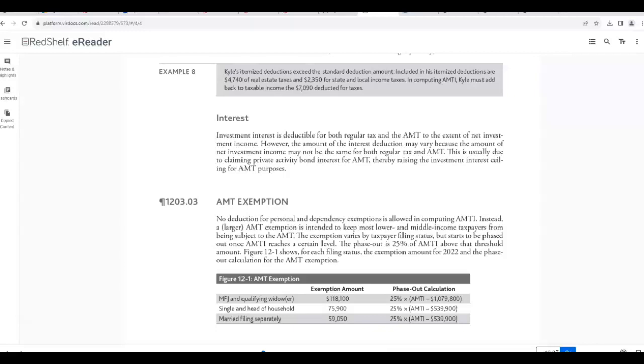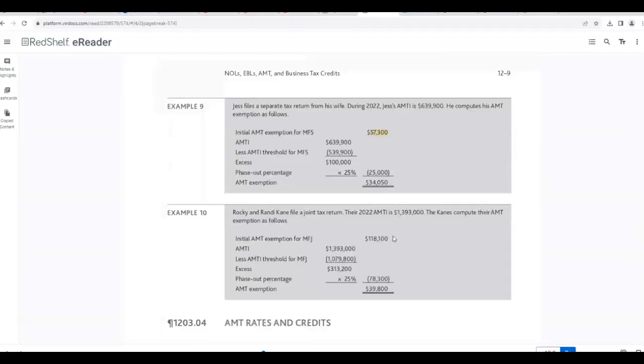So you start with the exemption. That's what I'm getting back to, page 9. Let's look at example 10, because this example is perfectly fine. Rocky and Randy filing jointly, 2022 AMTI is 1,393,000, which is a lot of money.